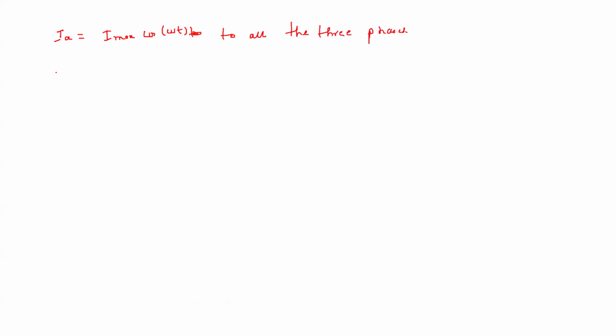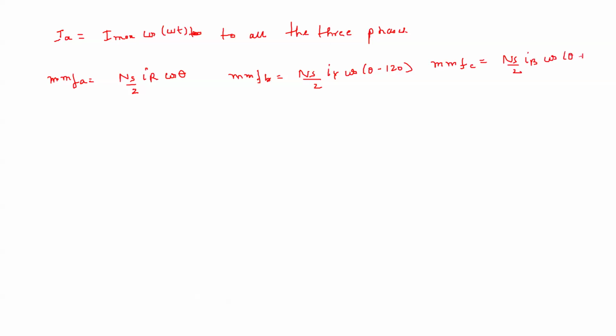Let us again recall the expression of MMF. MMF of A phase is Ns by 2 IR cos theta, MMF B is Ns by 2 IY cos theta minus 120, and MMF C is Ns by 2 IB cos theta plus 120.